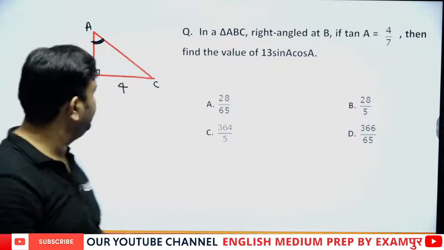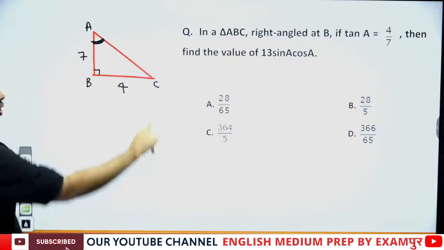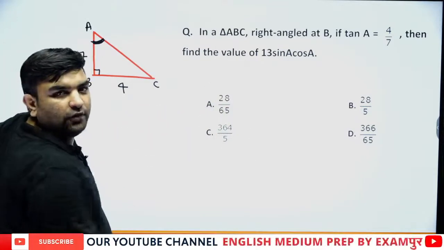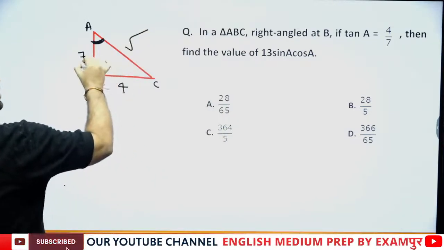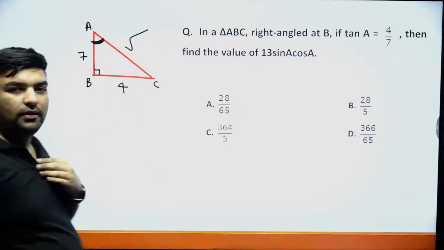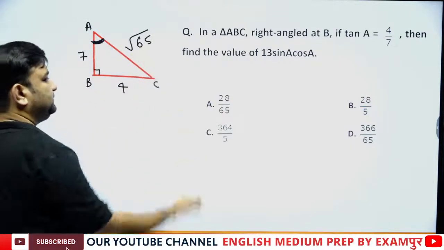However, only A is being asked, so that would not be a problem. What is the hypotenuse? Under root 49 plus 16, which is root 65.